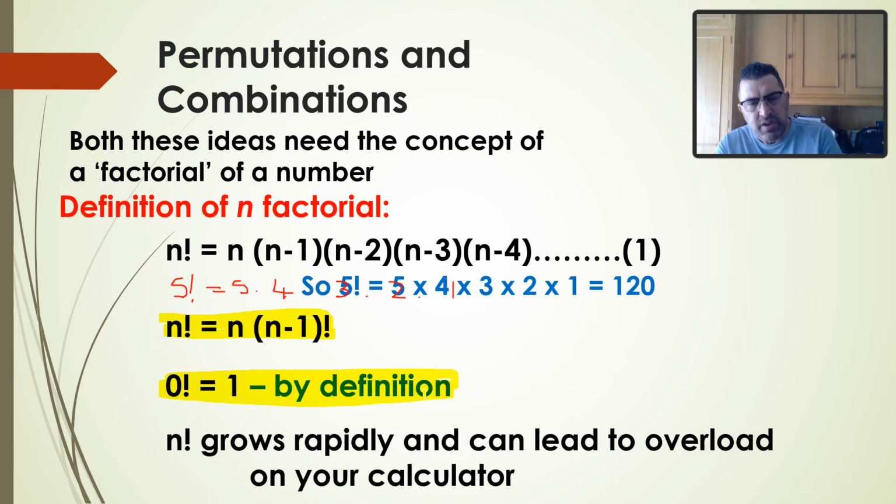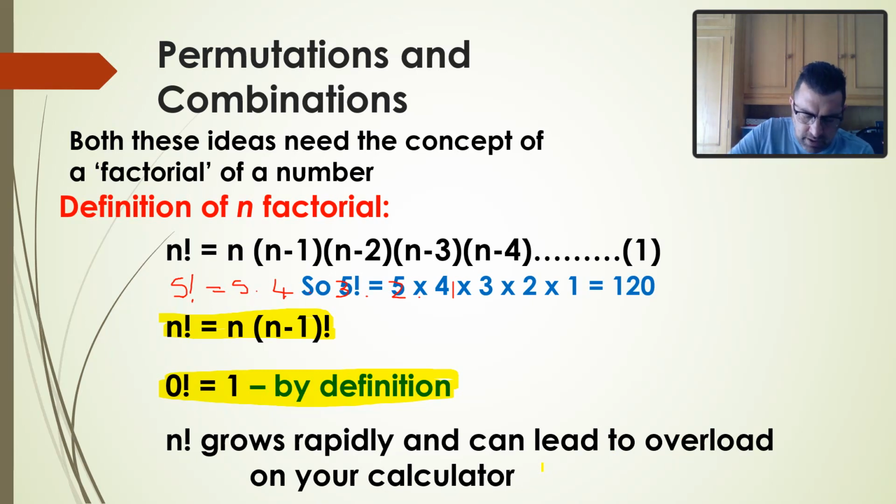Remember this. If you see naught factorial is equal to 1, there's a definition that tells us that is true. So n factorial grows rapidly and can lead to overload on your calculator. If you go and type in 100 factorial on your calculator, it might still be able to calculate that. But go and put in a much larger factorial, and you'll have a problem.